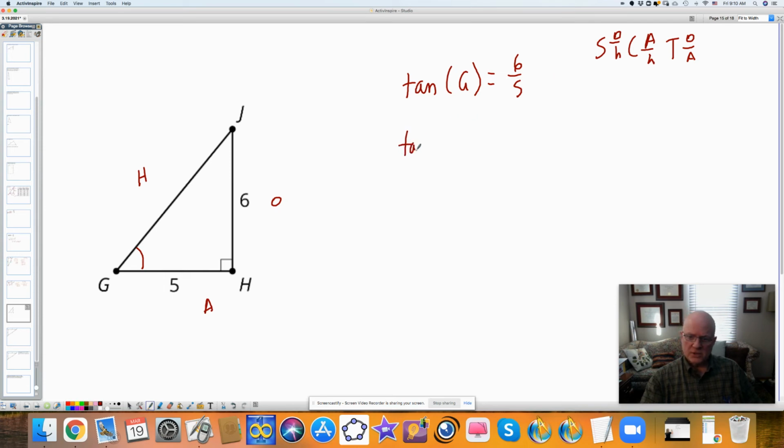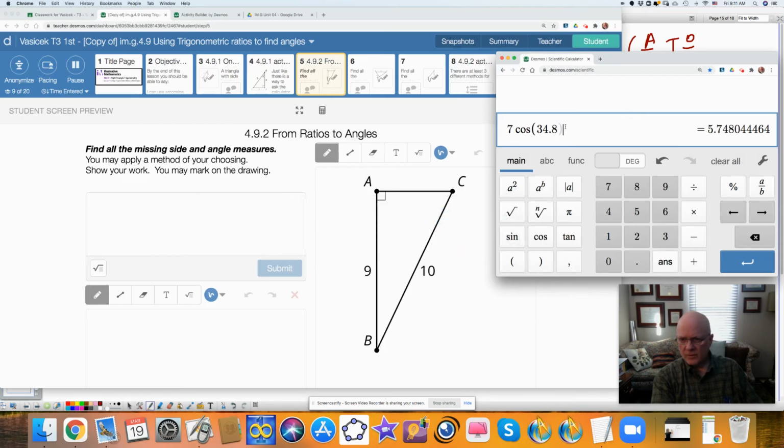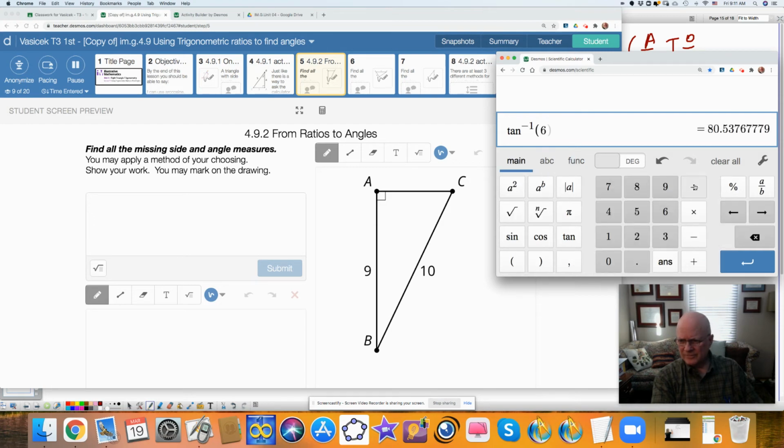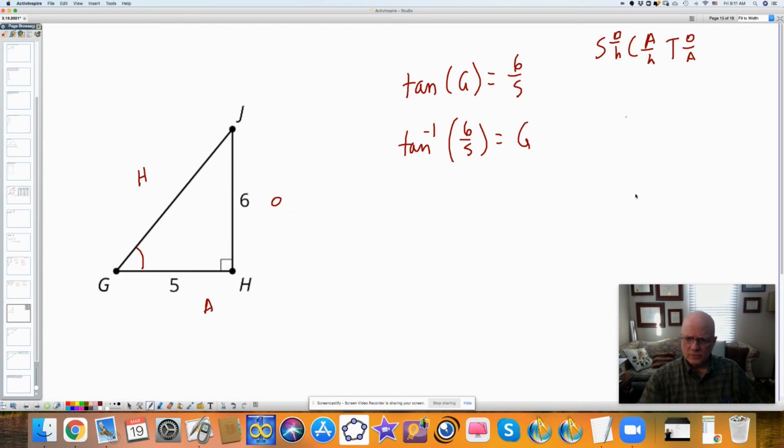So the inverse tangent, or the arctangent of the ratio, is equal to the degrees. If I do this in my calculator, the inverse tangent of 6 over 5 is 50.2. So G is equal to 50.2 degrees.